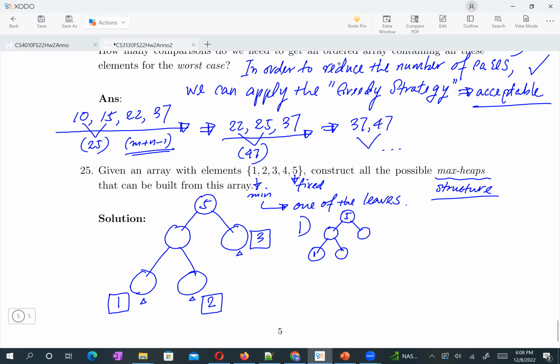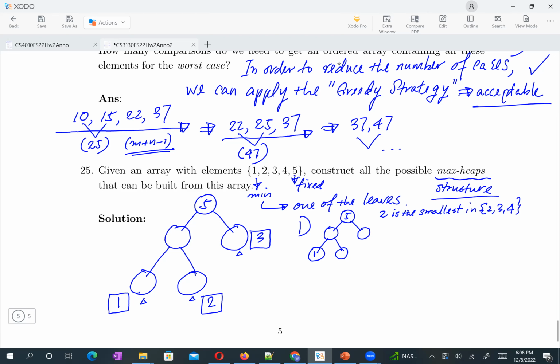In the remaining 2, 3, 4, we know 2 is the smallest, right?